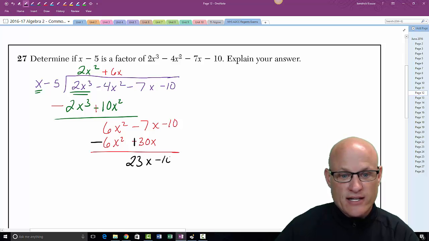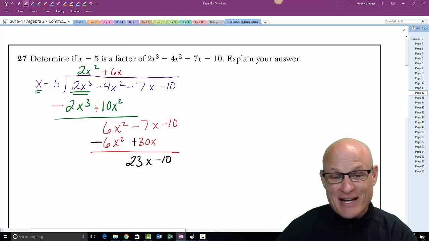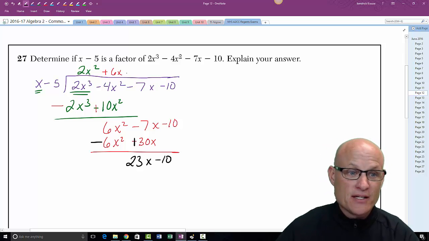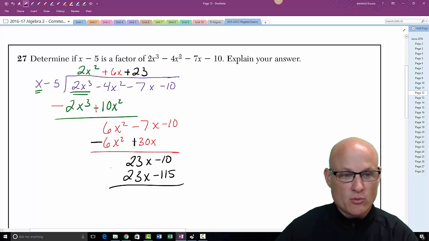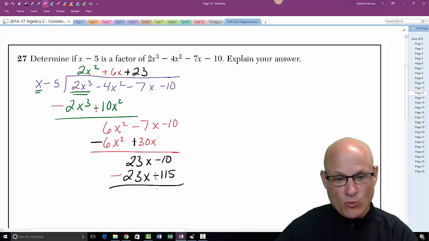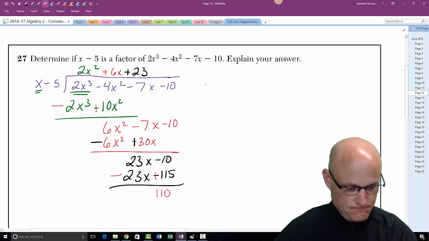So that makes this 23x minus 10. What do I have to multiply x by to get 23x? 23. So that gives me 23x. 23 times negative 5 is negative 115. Remember, we're going to subtract. Subtract, add. I get 110.